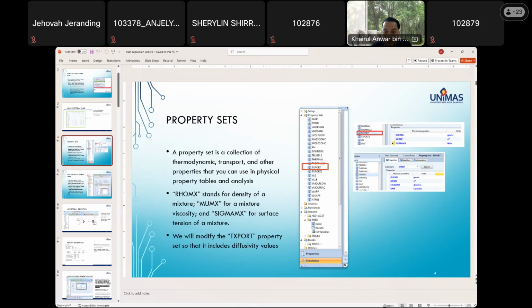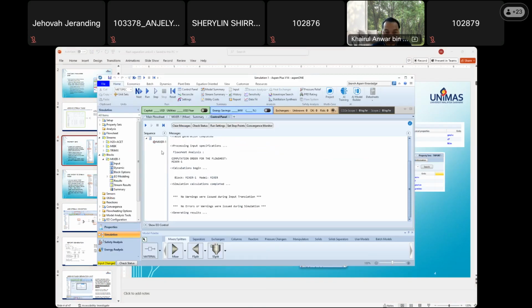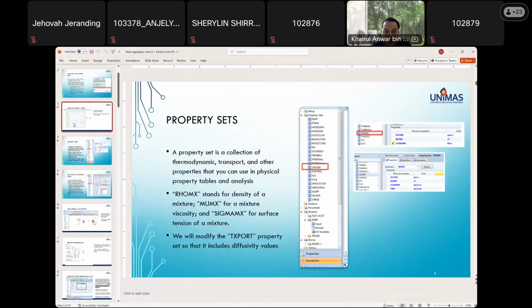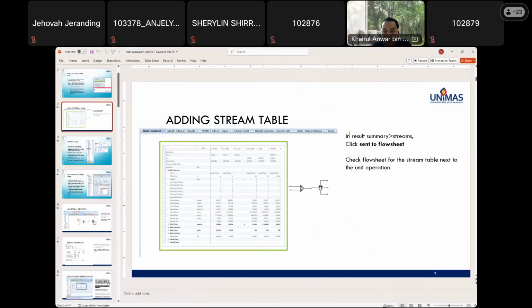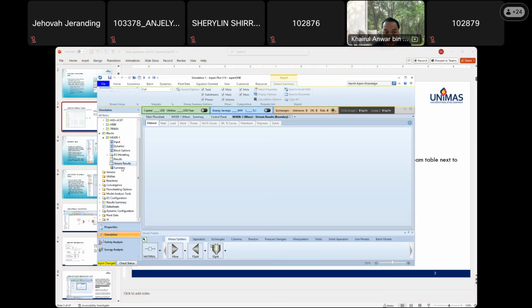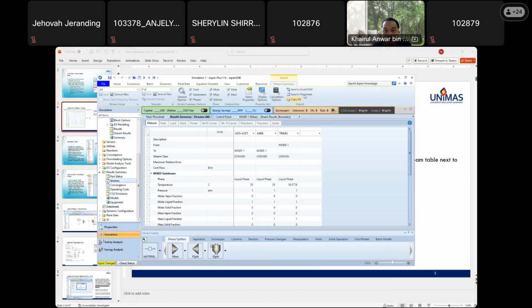So go to the simulation. To add the stream table, just go to result summary, then click send to flowsheet like this. Result summary, stream, send to flowsheet.